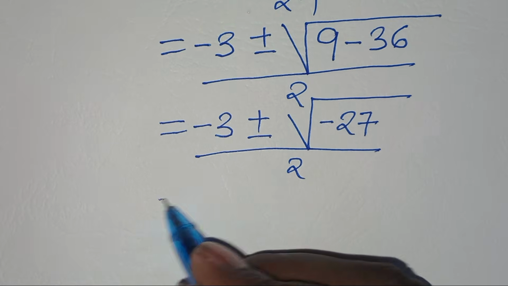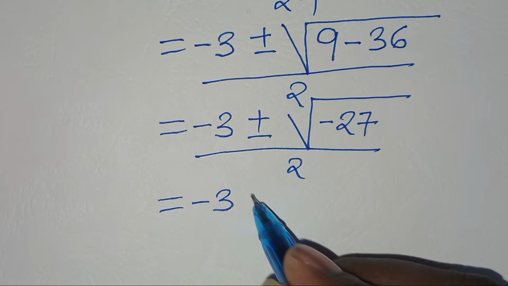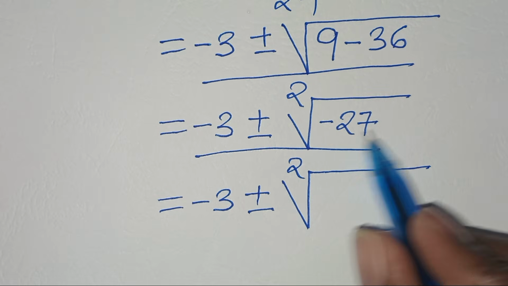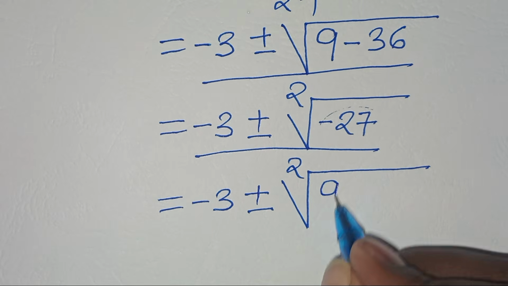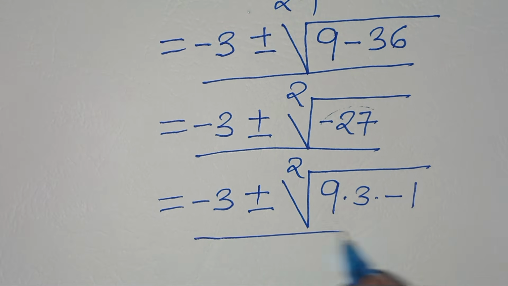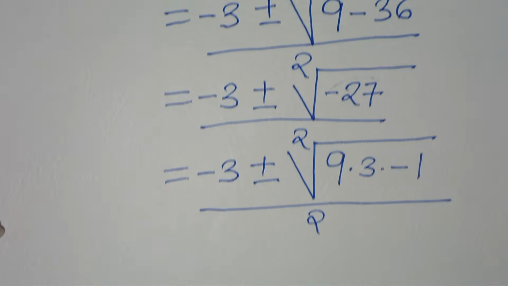So now we have negative 3 plus or minus the square root of negative 27, which is the square root of 9 times 3 times negative 1, divided by 2.